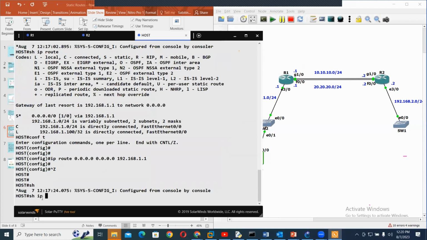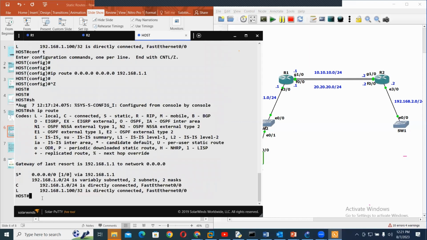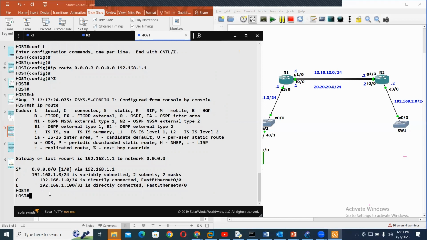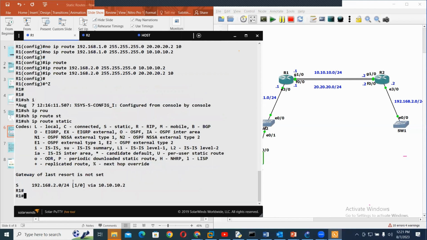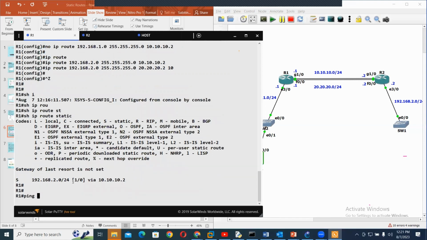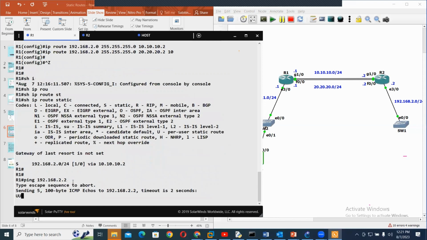Show IP route. Okay, let me try to ping 192.168.2.2. I think we have an issue. Let me try to ping from my router, 192.168.2.2.